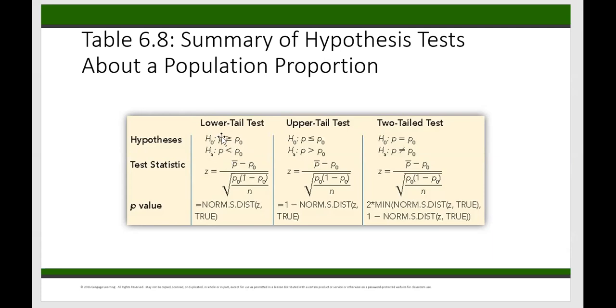This is a case of lower tail test because we are rejecting at the lower side of the distribution. This means that if, let's say, the hypothetical value is 20%, we want to test to see if the proportion of female golfers in the United States is strictly less than 20%.